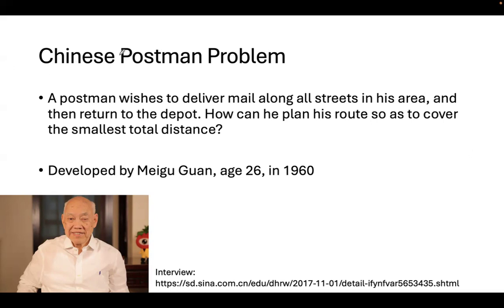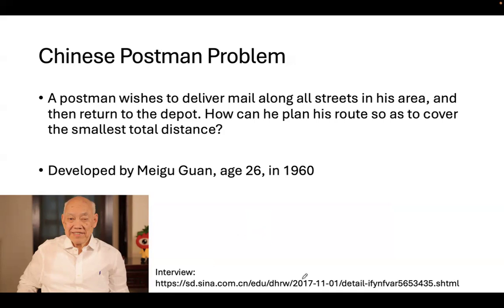It's called the Chinese postman problem because it was developed by this guy. He did it when he was 26 years old in 1960, and it's called the Chinese problem because people in other parts of the world saw he published it in Chinese in this local journal, and they saw that, and it was an interesting problem. And since it was in Chinese, they labeled it the Chinese postman problem.